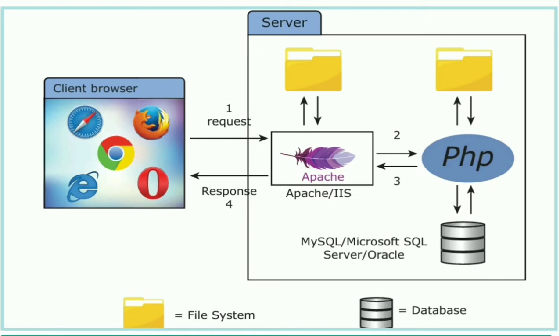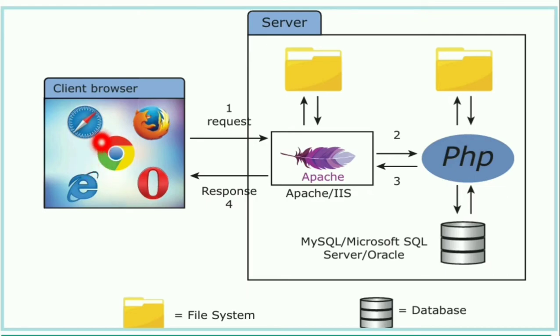So this is how the request and response take place. Through the browser we request the Apache server to execute PHP programs, and then this program will be executed on the server side, and it generates HTML code and gives it back to the browser itself. So this is the response.